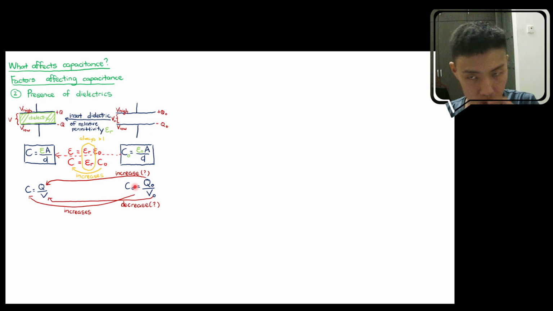Okay, so in order to understand whether it's the Q or the V that will be changing to match the increasing capacitance, we need to consider two different scenarios. I'm going to show you the two different scenarios so that we can discuss them a little.